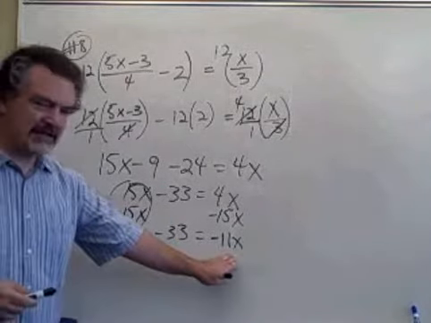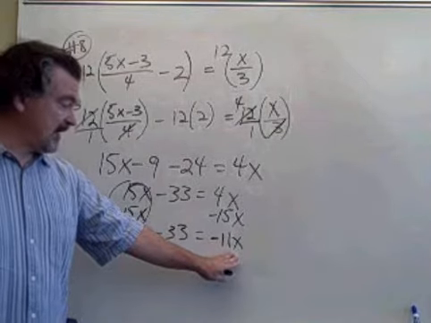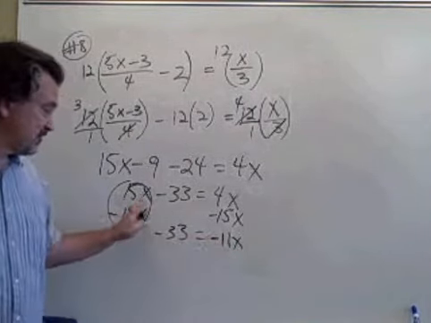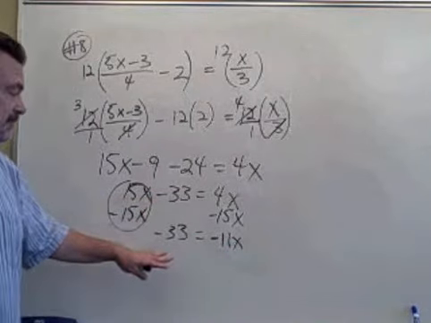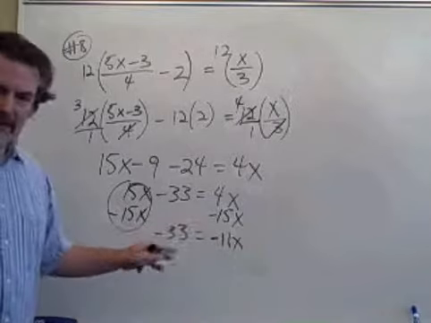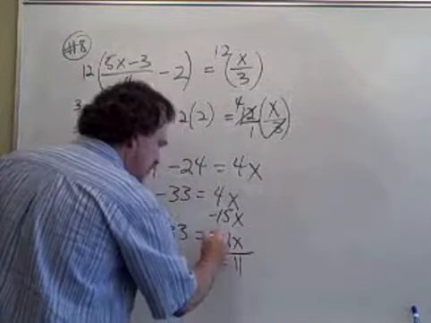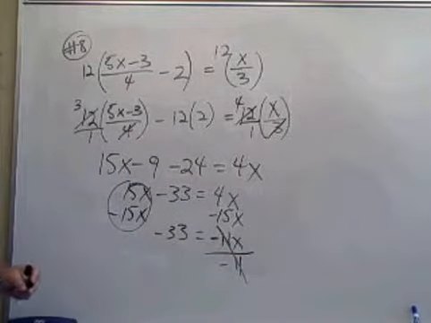And now we have that x term isolated, which is our next step that we want to attain, which we now already have because of the choice we made back here to make the 15x disappear. And now we can make the coefficient positive 1. Remember, it's the same coefficient that you have to divide by.